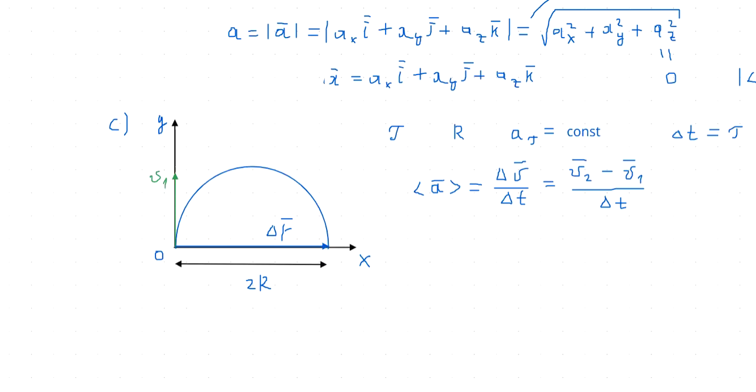Okay, and what about the final point? Do you have some ideas how to show the vector of velocity in this case, in the final point?